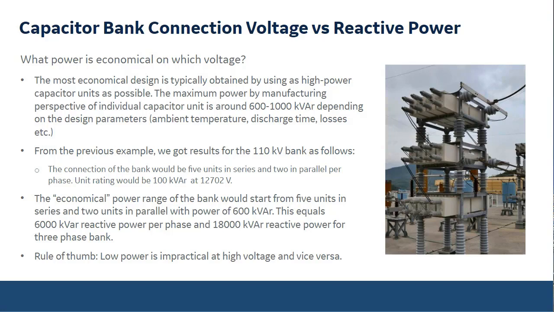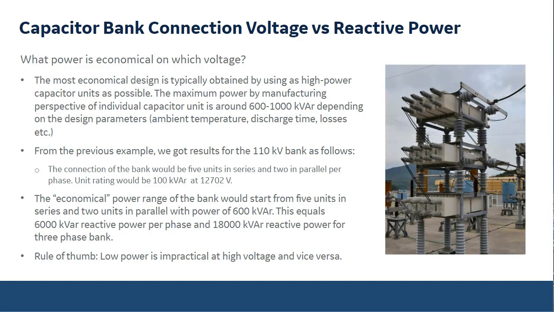For example, if you have a wind park and you need only 1 megawatt of additional reactive power, you might think, okay, we have a connection point of 110 kV, so we could use that. That would be the most convenient for us, but it's not really a convenient choice to put a 1 megawatt capacitor bank into 110 kV voltage.